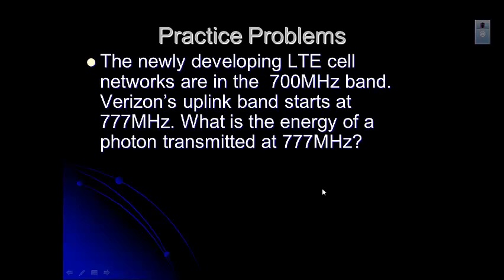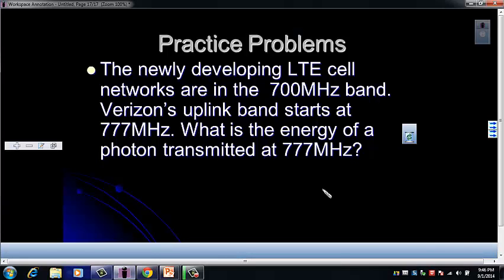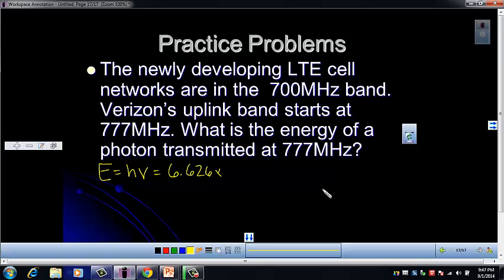So on the next one, it's the same problem, but now it's asking us for the energy. Fortunately, we know that we can't find energy directly from wavelength, but it's given us the frequency in the problem. So we can go ahead and just calculate that now. So we know that our equation for energy is E equals h times nu, and we know that h is Planck's constant, so 6.626 times 10 to the negative 34th joules times seconds.